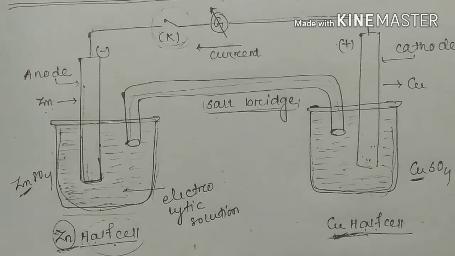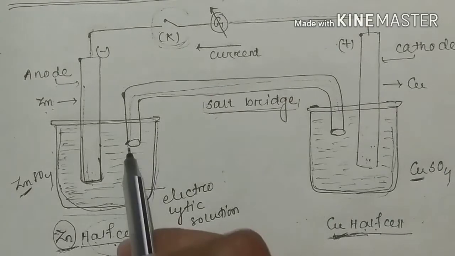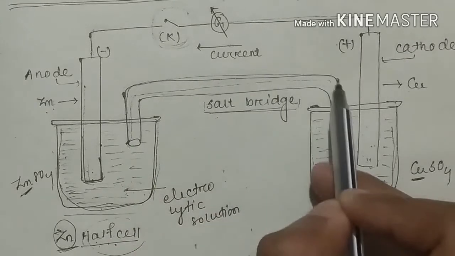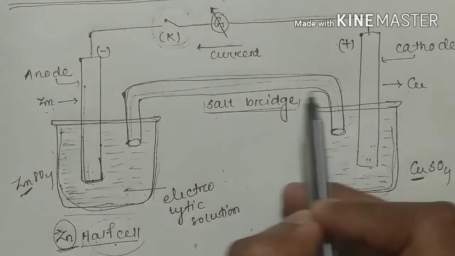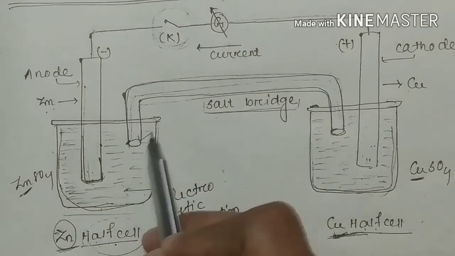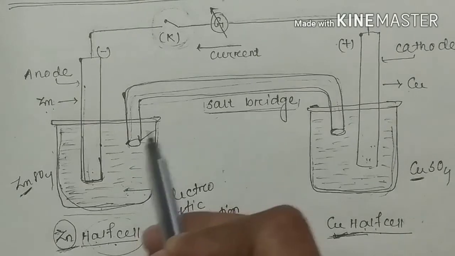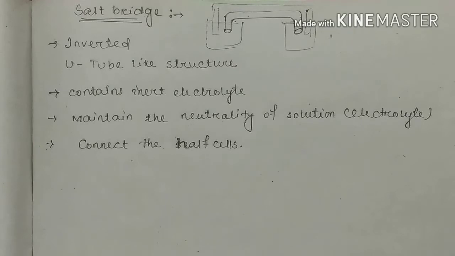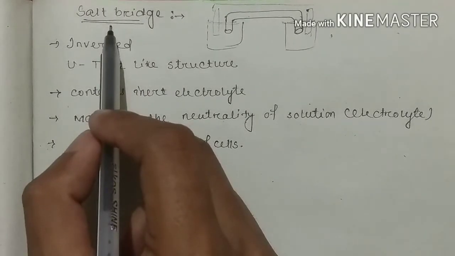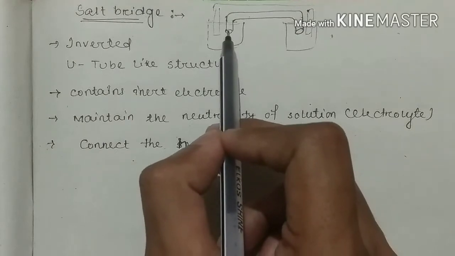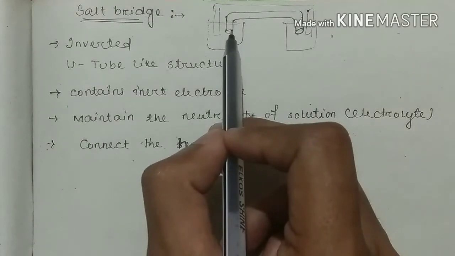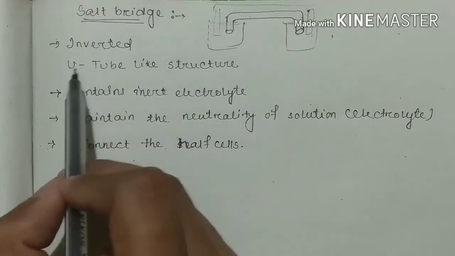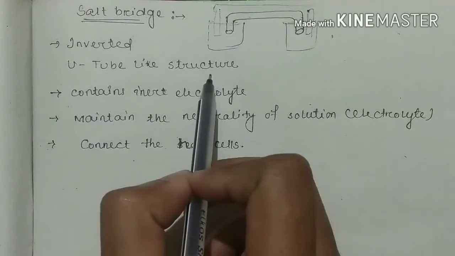So now it is time to study the salt bridge. Friends, just have a look at the salt bridge, and we are going to have complete details about it, because it is a very important topic. Yes, we all see that the salt bridge is an inverted U-tube like structure.